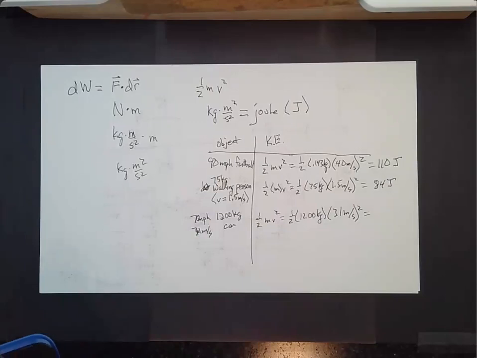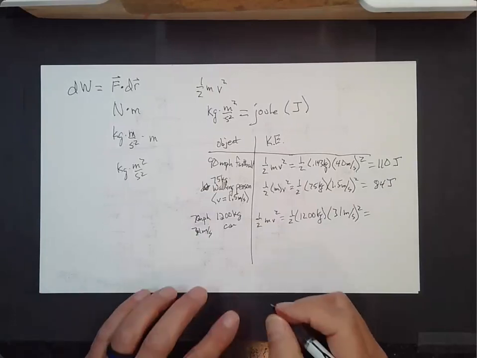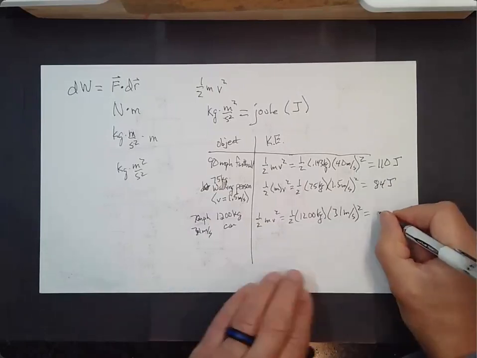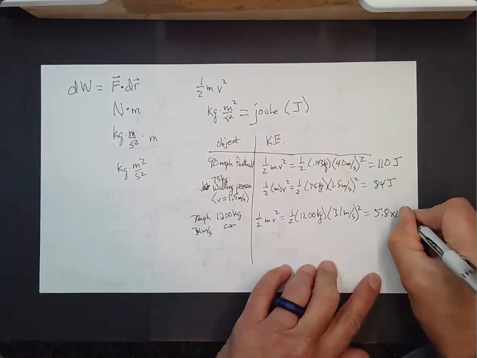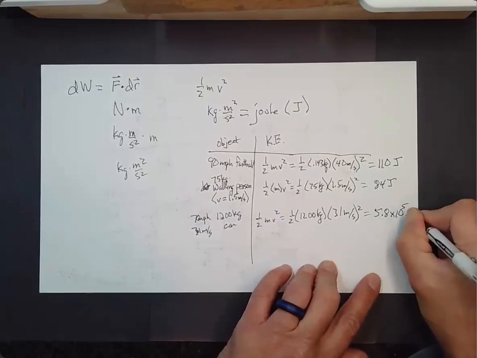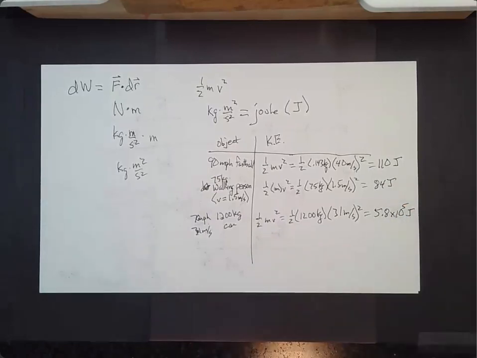Okay, I get about 5.8 times 10 to the 5th joules. So that's almost a million joules, 580,000 anyway. So that's a lot more energy.